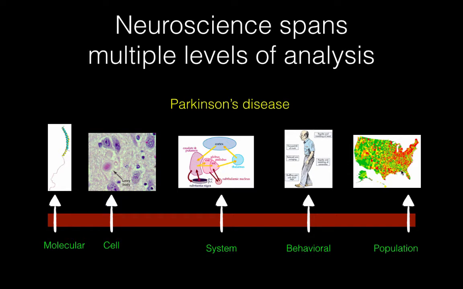And on a population level, there are neuroepidemiologists who are looking at the pattern of incidence of Parkinson's disease. In fact, this map here shows that Parkinson's disease is mostly concentrated in the Northeast and the Midwest. Take a few minutes to think about why this could be.